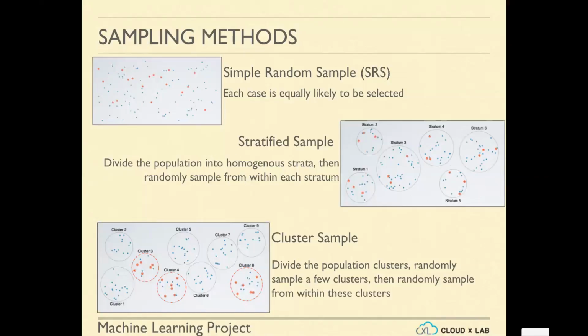One way is to pick any 30% from the whole; this is called random sampling. The other is to pick 30% from this, 30% from this, and so on. And this 30% is not the same everywhere; based on the size of each stratum, we pick the ratio.